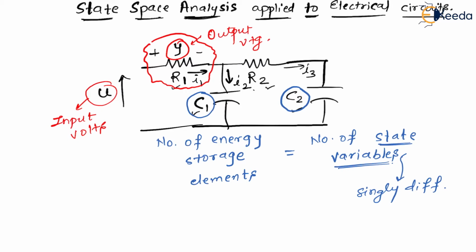So now, definitely we have to take either voltage as a state, or current as a state. Now whether to choose voltage or current, let us see that. For that, let us go inside the capacitor.